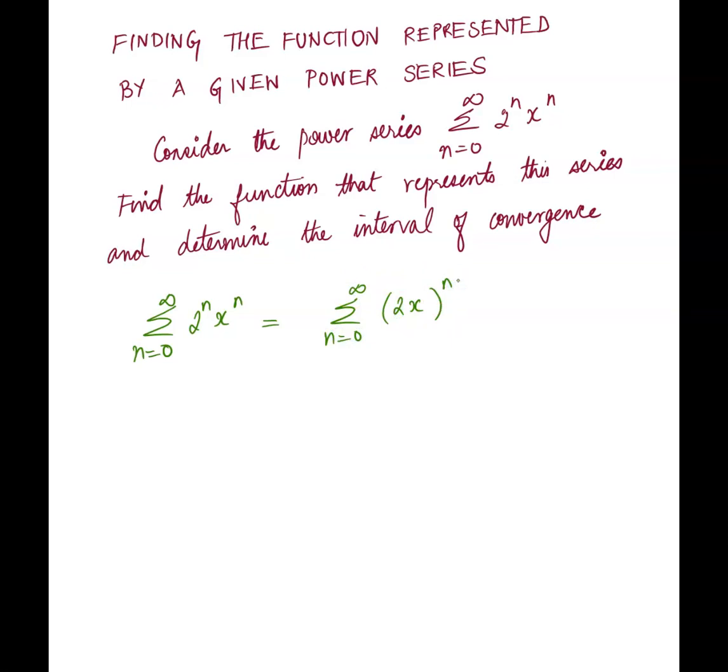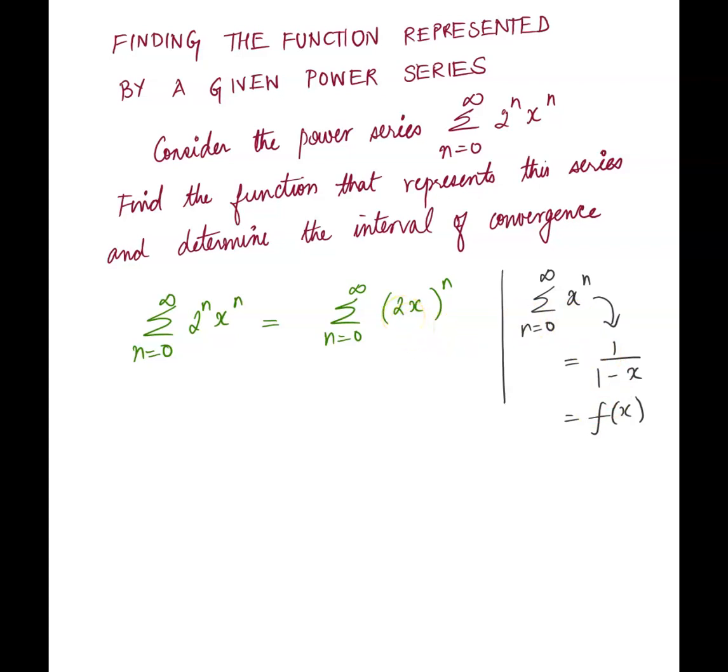Now remember, this in turn was equal to 1 over 1 minus x, which was our f of x. Remember? We're doing the reverse, so I'm starting with the series. Previously we started with the function and went to the series. Now we're starting with the series and going to the function. Therefore, in the place of x, I now have 2x.